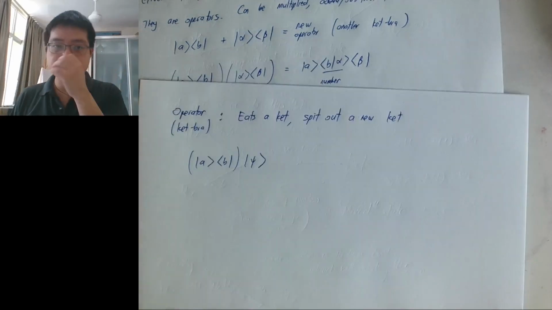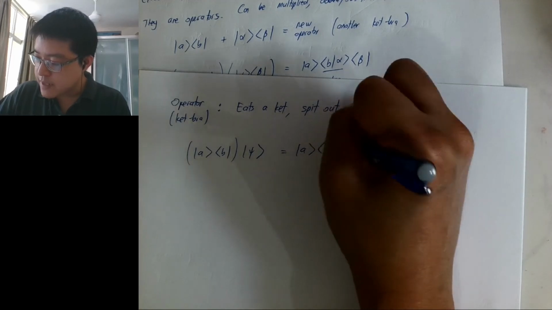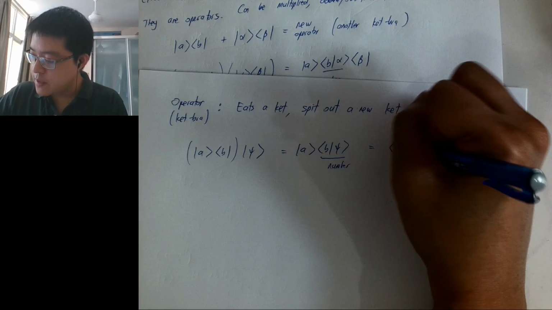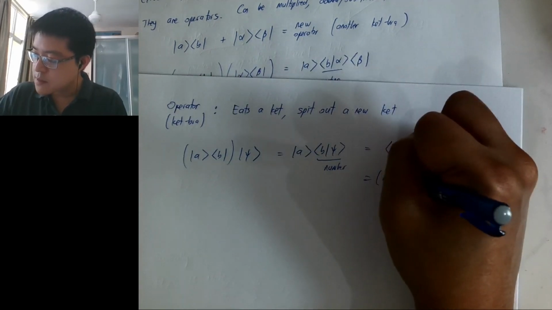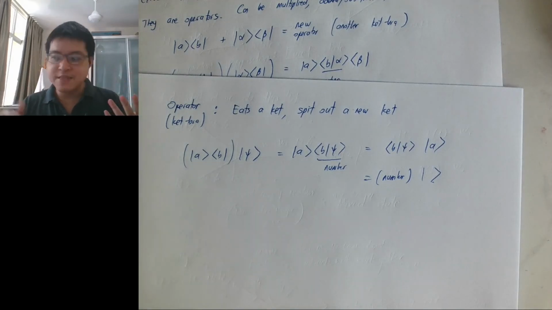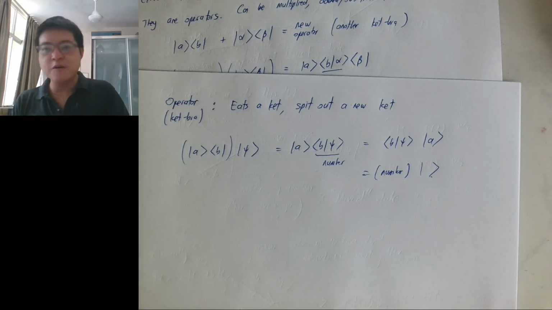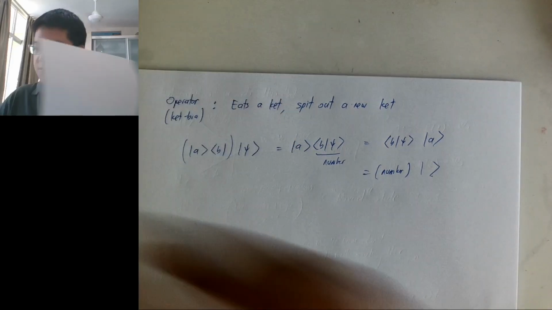If I apply it on something, |psi>, it becomes |A><B|psi>. This part is just a number now, <B|psi>, so it's a scalar number times a ket. So even though the ket bra looks very fancy, the way to play around with it is pretty intuitive and straightforward. Sometimes it might feel fun to move things around like this. Hopefully it's not too bad.